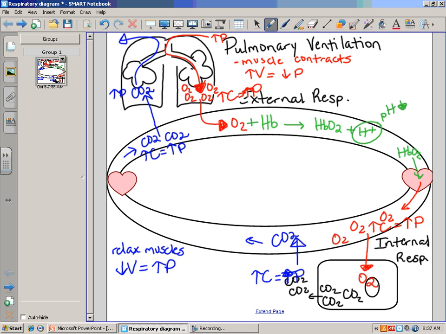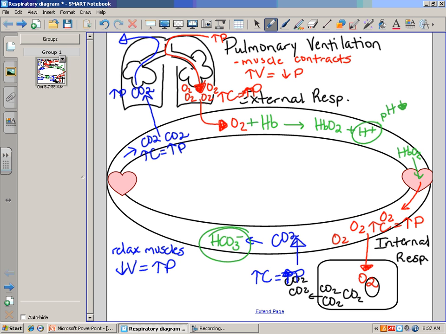Okay? Now what we're going to do is explain how we counteract that low pH. We need something high pH, right? Well, every time we put a CO2 in our blood, we have an enzyme called carbonic anhydrase that turns CO2 into HCO3 minus. That's bicarbonate.